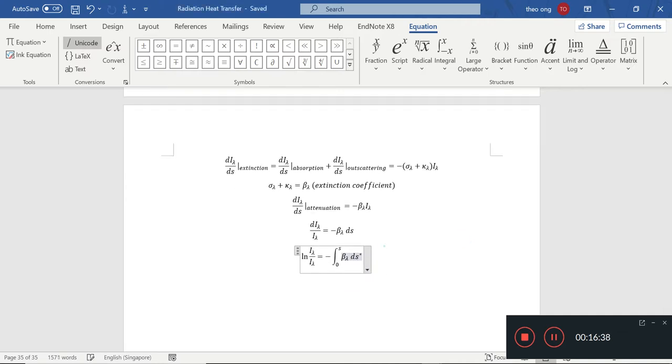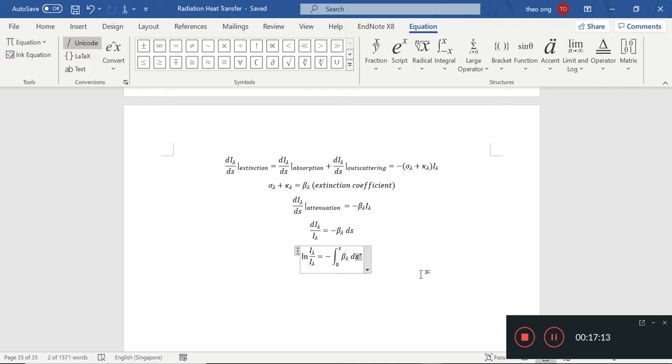We've got to make sure that this s here is not the same as this s here, because that doesn't make sense for an integral. I have to make sure the variable we are integrating over is slightly different, so I'm going to use a dummy variable. I simply change this s into an s star to make sure things flow properly.